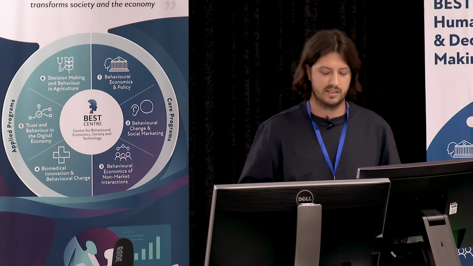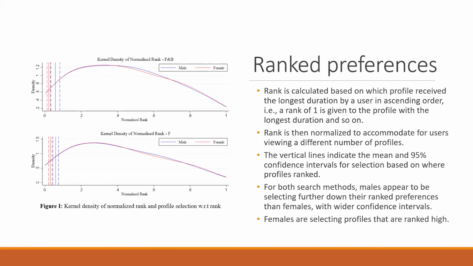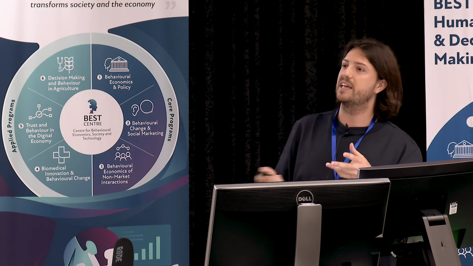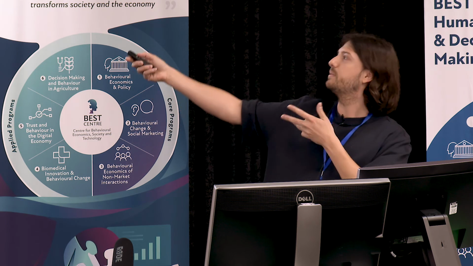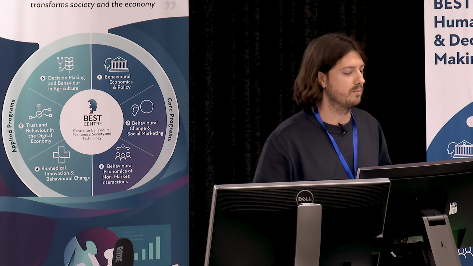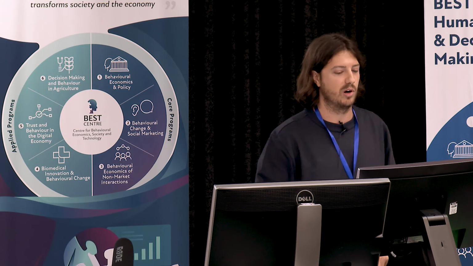So here you can basically see that for both search methods, males appear to be selecting further down their ranked preferences than females. This blue box here, males are not picking the profile that they actually spent the longest on, but females tend to be picking those higher duration profiles.